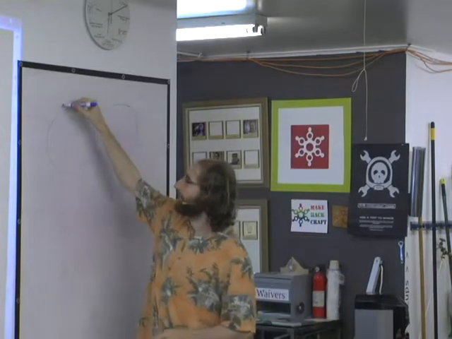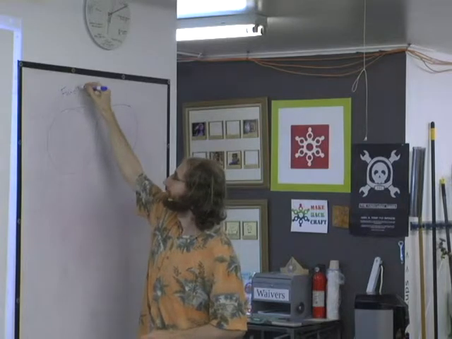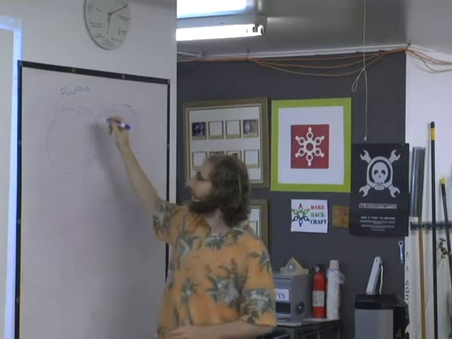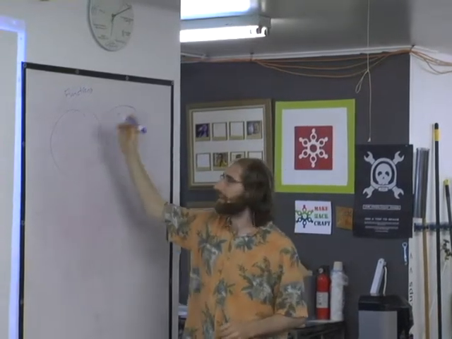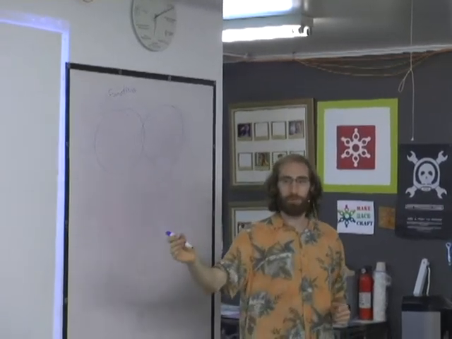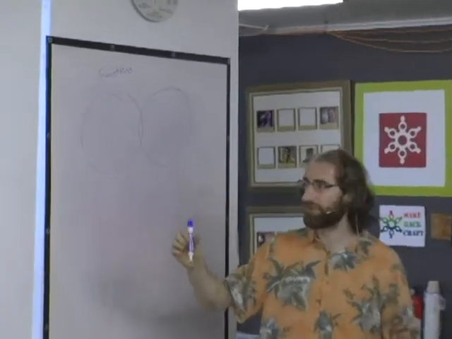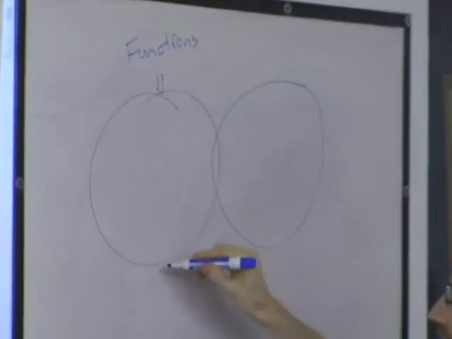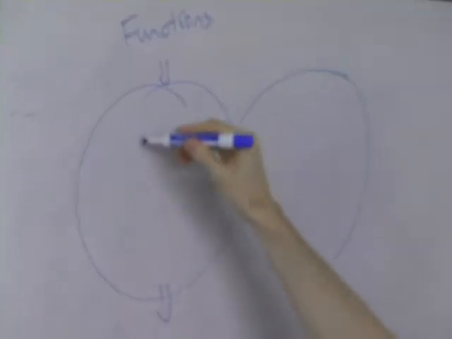You have functions, the world of functions. And over here you have functions that take input and produce output as their primary purpose in life. They take input, produce output.